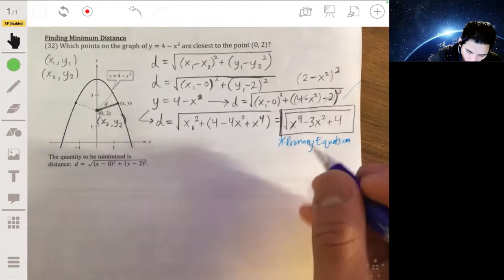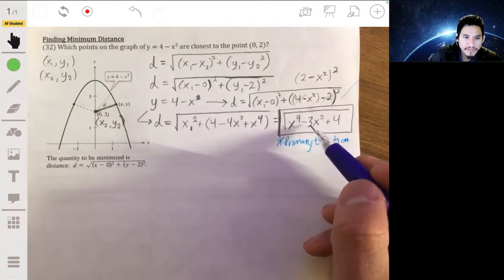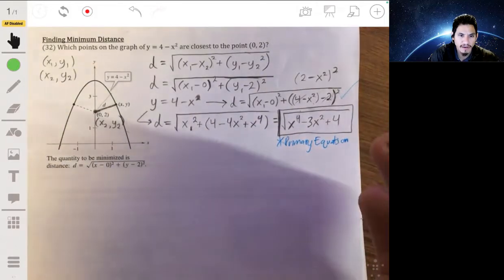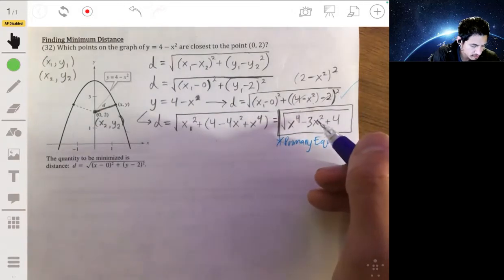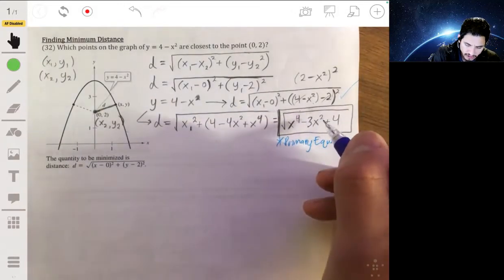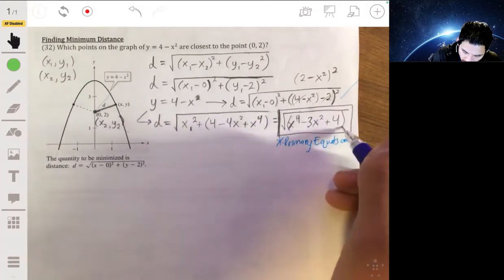So it's already an equation in terms of x. Now let's recognize that if we're taking the square root of a number, this equation will have its minimum when the expression on the inside is minimized.